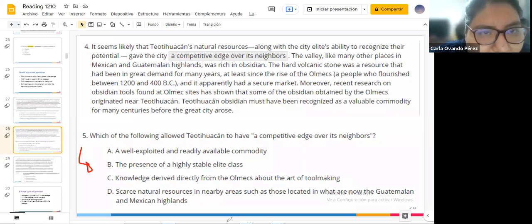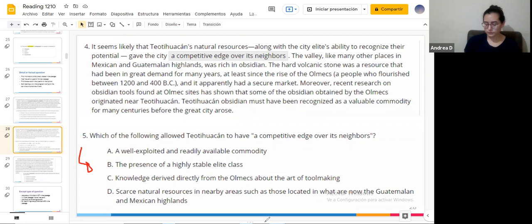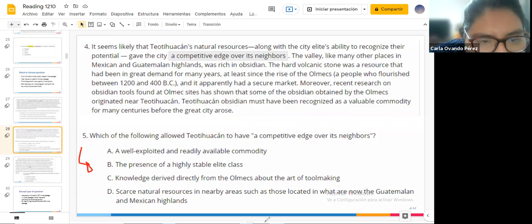Yes, teacher. I can. Okay, thanks, Carla. Question 5. Which of the following allowed Teotihuacan to have a competitive edge over its neighbors? A. A well-exploited and readily available commodity. B. The presence of a highly stable elite class.